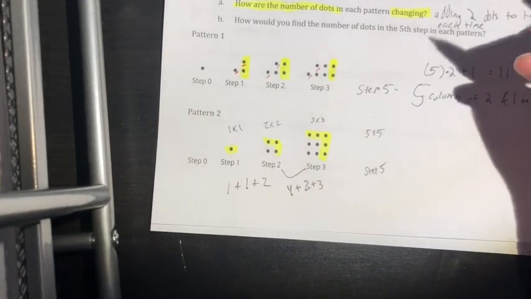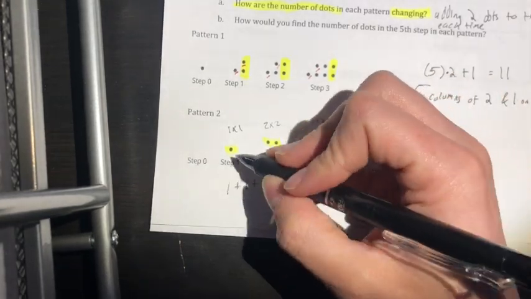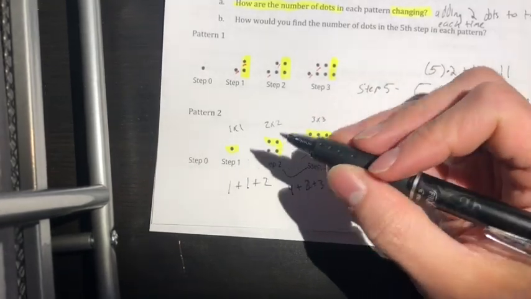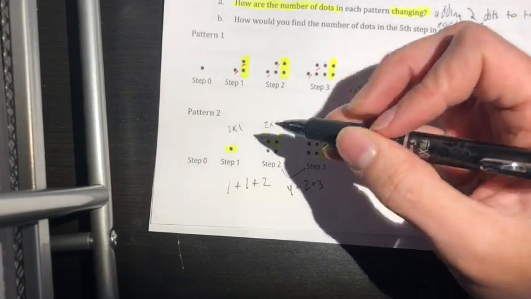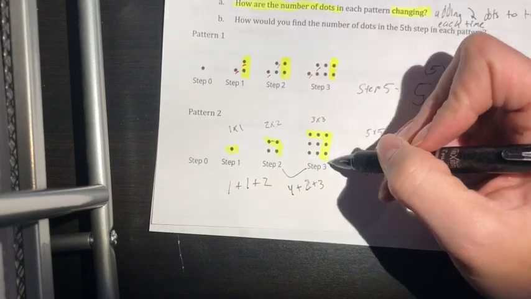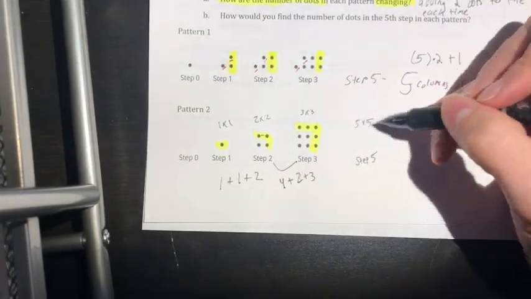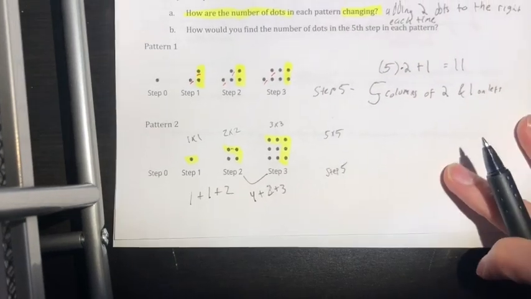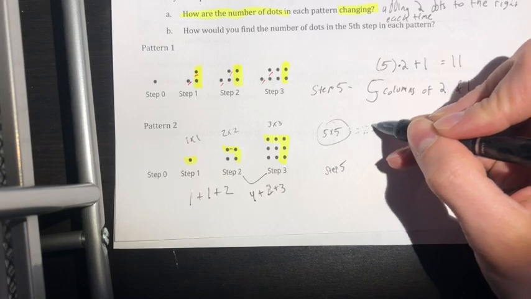So really, I'm taking my original amount and adding the step number that I'm on above, and then adding 1 more than that to the right. I like this first way better. So you might be seeing that step 5 would be 5 times 5, or 25 dots.